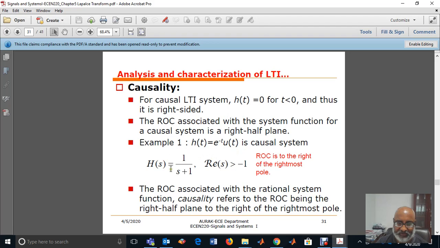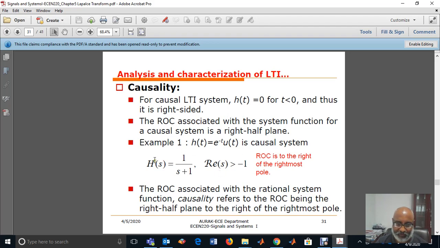For example, if we see this example, H(s) equals 1 over s plus 1, real of s is greater than minus 1, which means it starts from minus 1 and goes to the right of the rightmost pole. It has only one pole, at minus 1, but some transfer functions may have more than one pole. In that case, the region of convergence should be to the right of the rightmost pole.